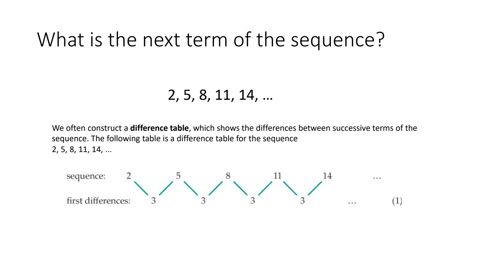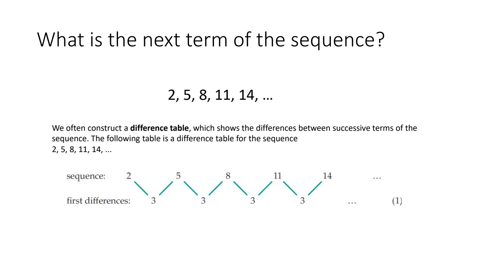For example, we have the sequence 2, 5, 8, 11, 14. If you subtract 5 minus 2, that gives you 3. 8 minus 5, that's 3. 11 minus 8, that's 3. 14 minus 11, that's 3. What we hope is that by looking at the differences, we can see the pattern. This second line on the bottom is called the first difference.